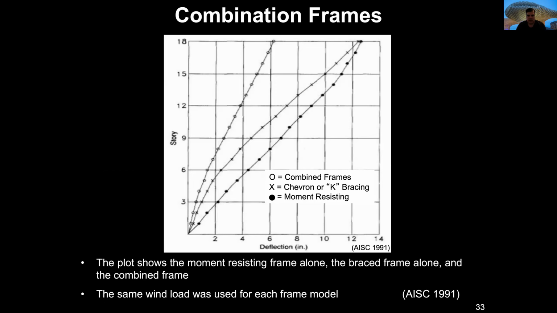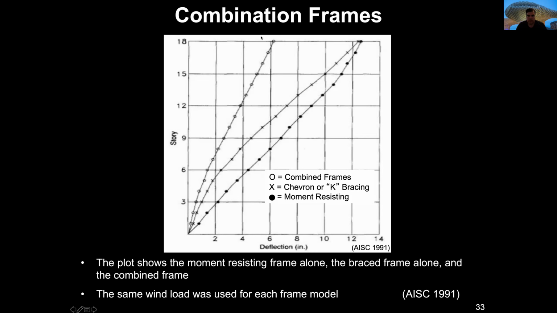This is a plot of the moment resisting frame alone, the braced frame alone, and the combined frame. In a few words, we have a building, and this building is 18 stories. When we have combined frames, you see that the deflection in inches at 3 stories will be about 2 inches.